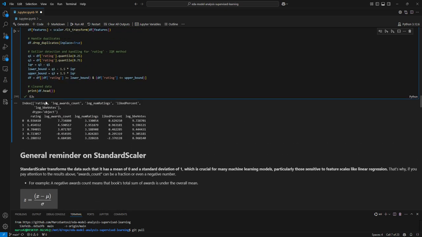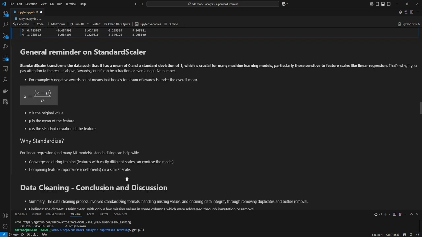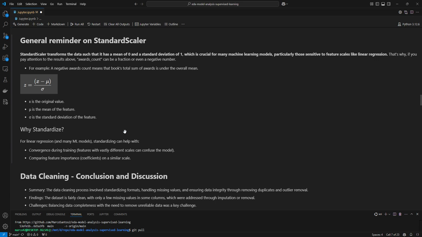All right, so we can see here the clean data. So now the columns are just these five, and the clean data is right here, the first 5 rows. Just some information here on the standard scaler and what it is used for. It transforms the data such that it has a mean of 0 and a standard deviation of 1, which is crucial for many machine learning models, particularly those sensitive to feature scales like linear regression.